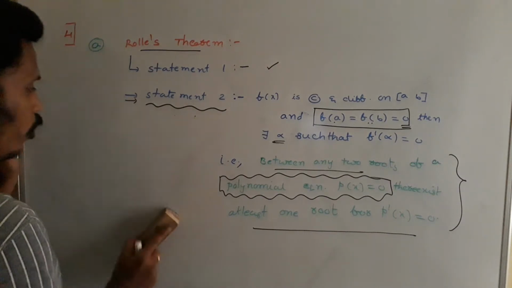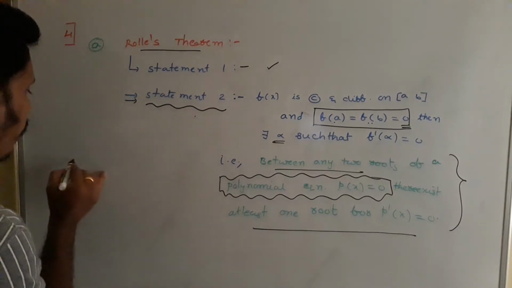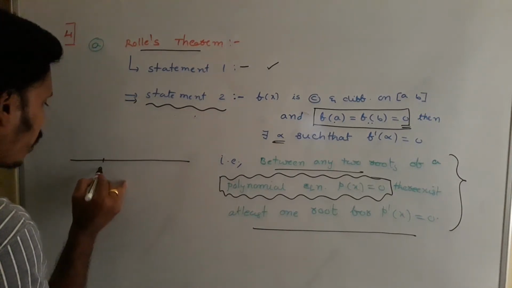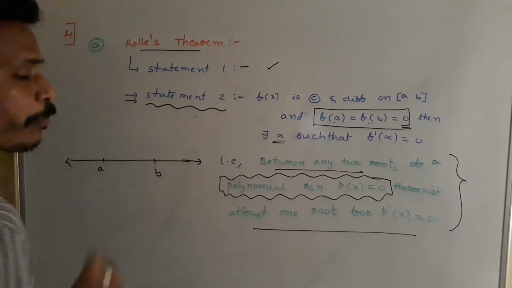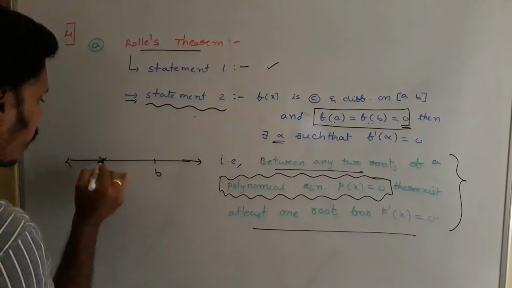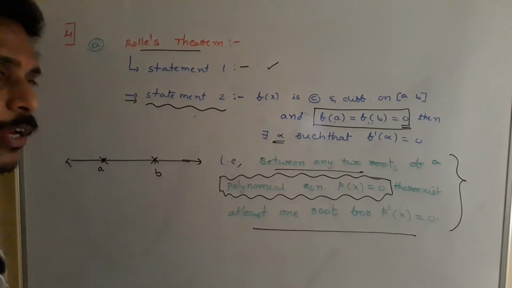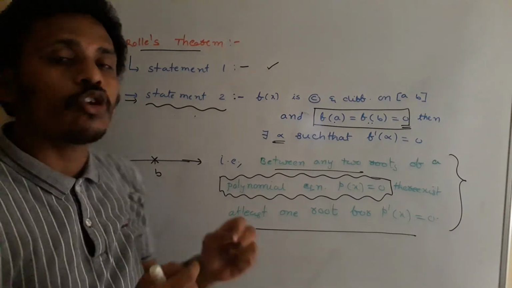If you wish to check it graphically, suppose you have a function and its two roots are a, b. Since it is the x-axis, a and b are points on the x-axis, and since f of a and f of b are zeros, the graph for sure passes through these two points. Passing through these two points, we need to sketch a continuous graph.